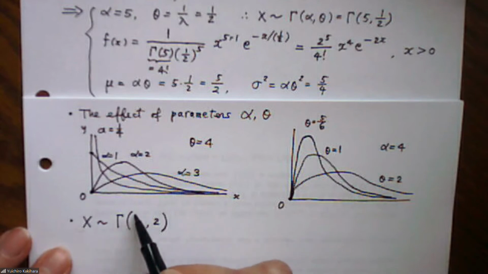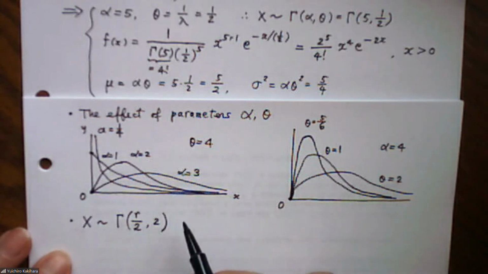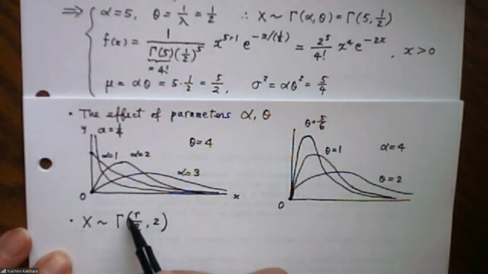So this is of the form r divided by 2, and this r is a positive integer: 1, 2, 3, 4, 5, those integers. So alpha is r times 1/2.